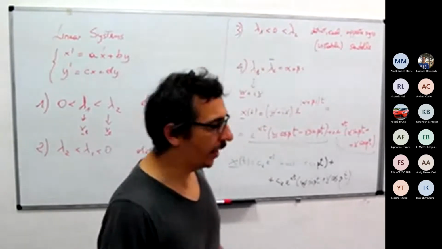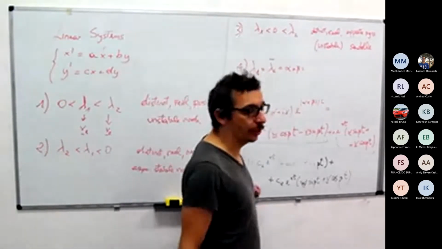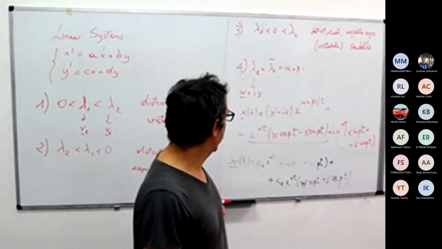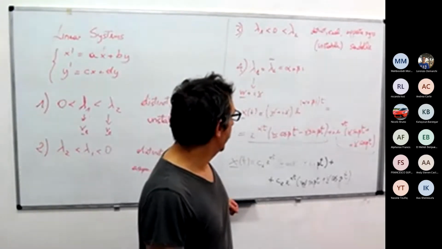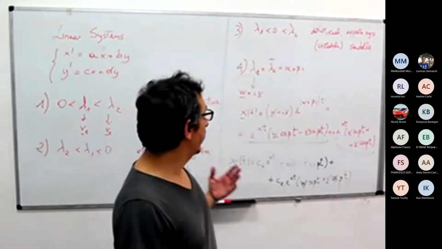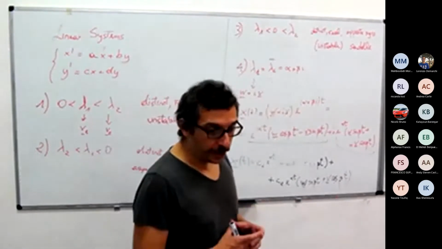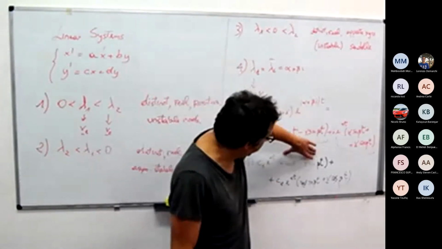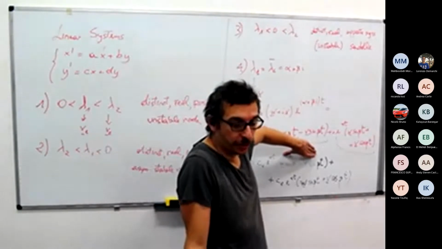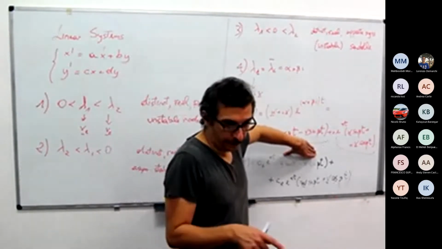So you can probably already see where we are going. The idea is that in principle, this kind of solution could allow me to find eventually a closed orbit. What would be the case of a closed orbit? The case of a closed orbit is when just this part of the solution rules. Because in order to have a closed orbit, what I need is periodicity.